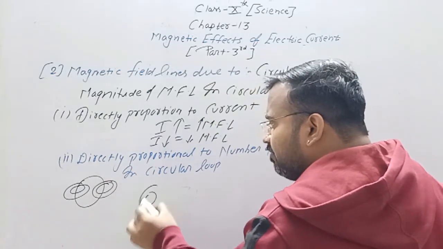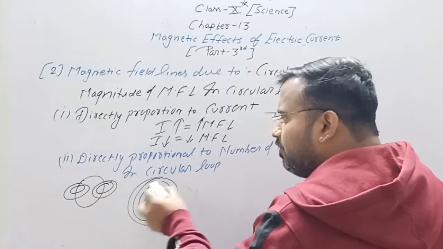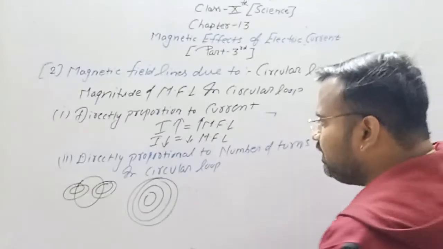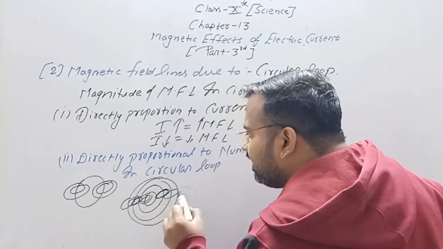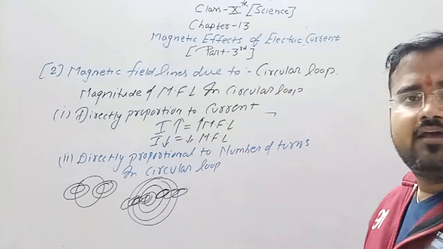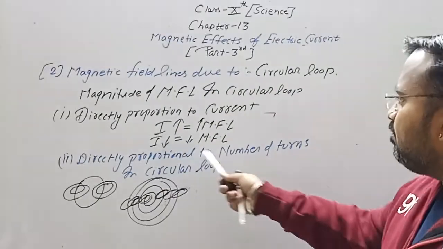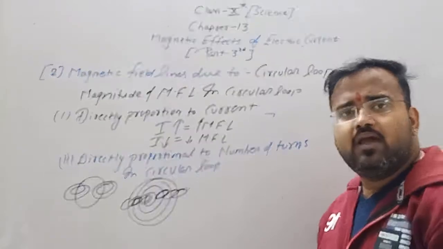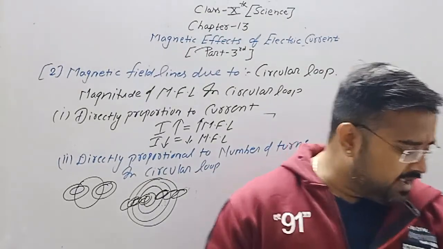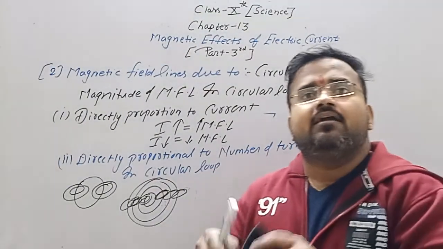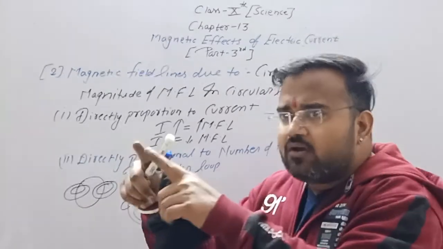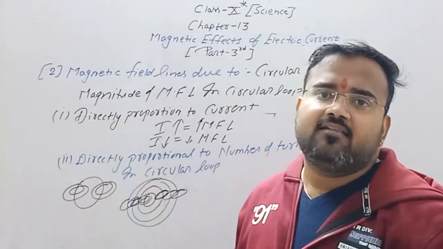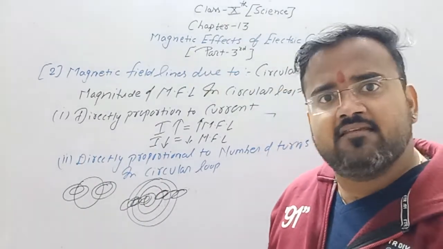If the circular loop has more turns, then a more and more dense magnetic field will generate. Clear? So it is directly proportional to the number of turns in a circular loop. And last, it is inversely proportional to the radius. When the radius of the circular loop increases, then the magnetic field decreases.